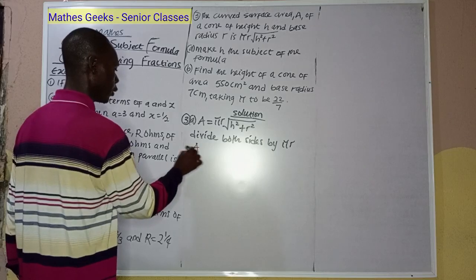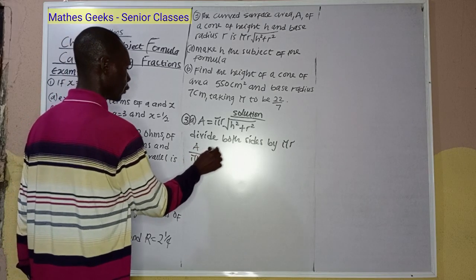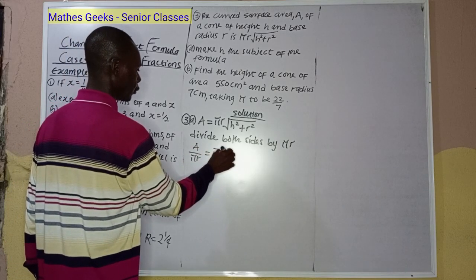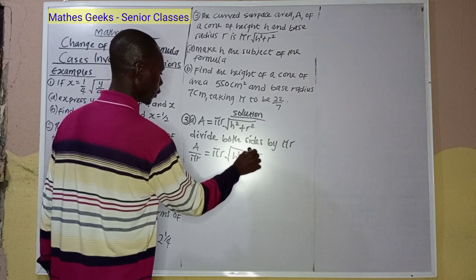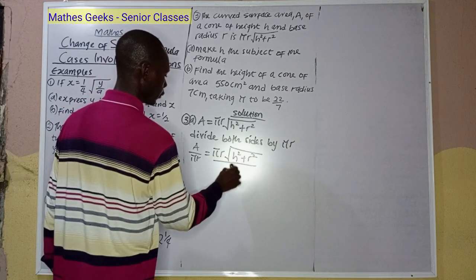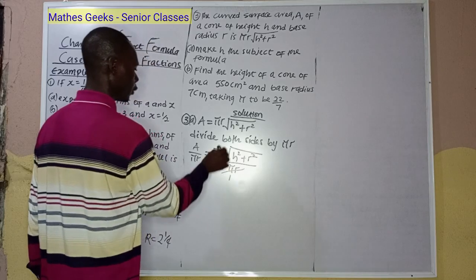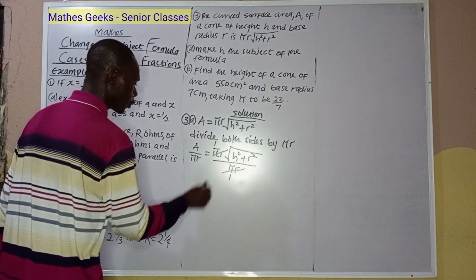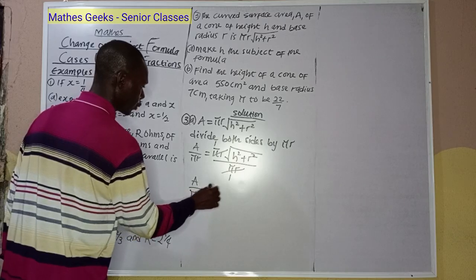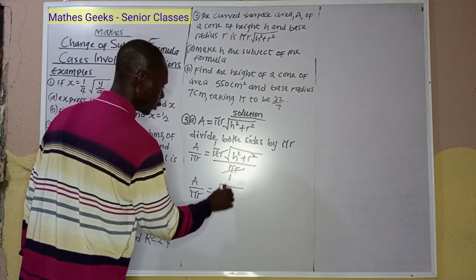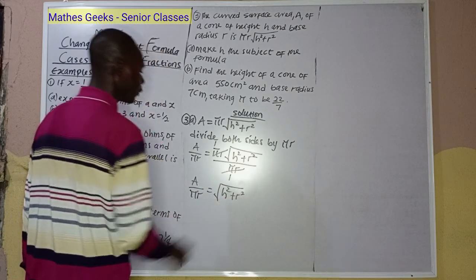So A over pi r is equal to pi r times the square root of h squared plus r squared over pi r. So this will eliminate 1. So we're going to have A over pi r is equal to the square root of h squared plus r squared.